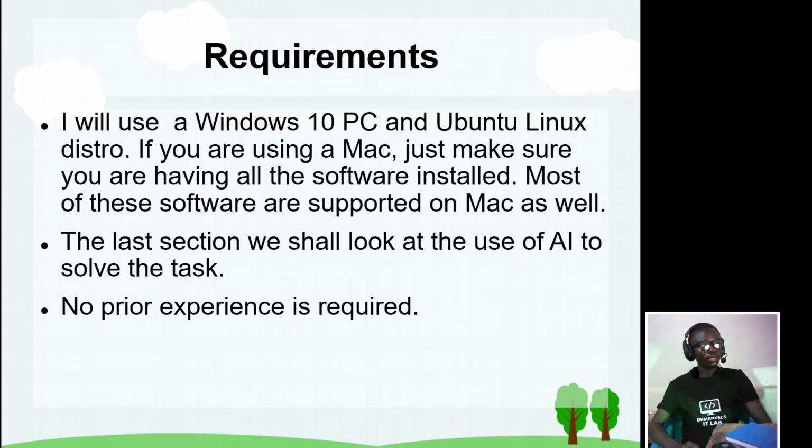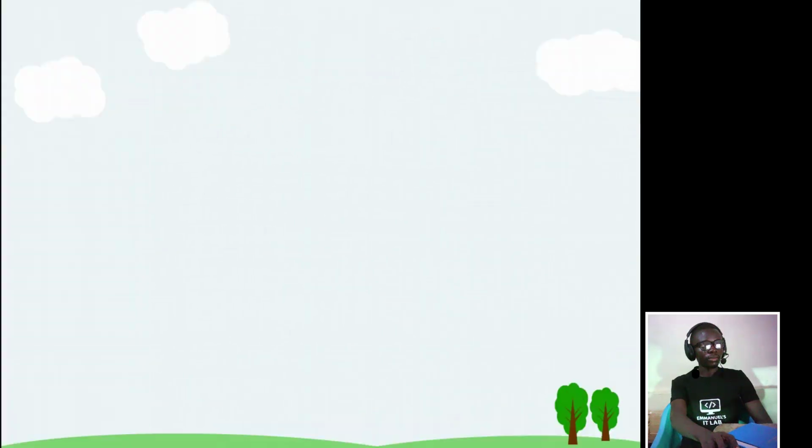When we proceed with the requirements, you also need a Windows PC, a Windows 10 or 11 PC. In case you're using Ubuntu, it is okay. In case you're using Mac, it is okay. You only need to have all the software installed. In the last section, we shall see how to use AI to solve that very problem. A keynote is there's no experience required.